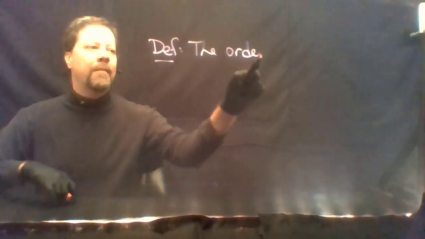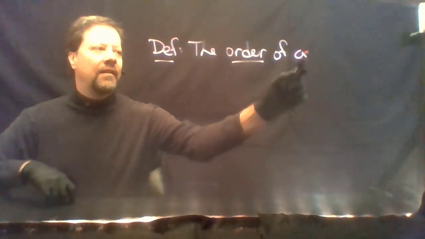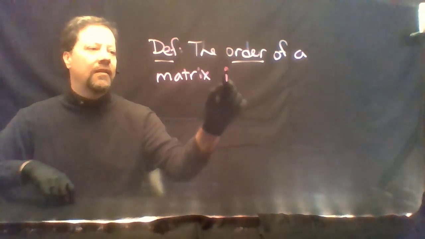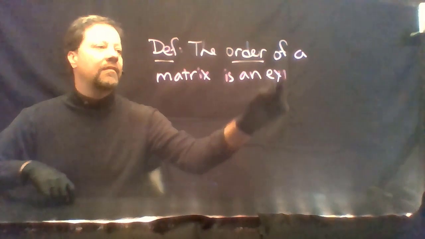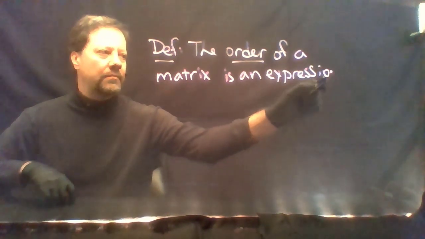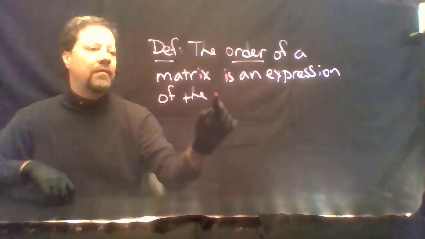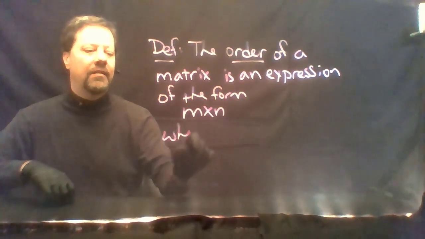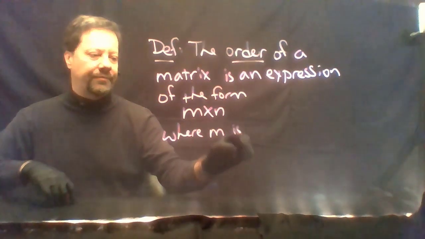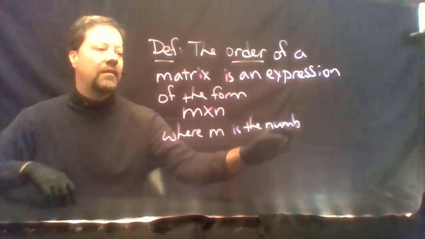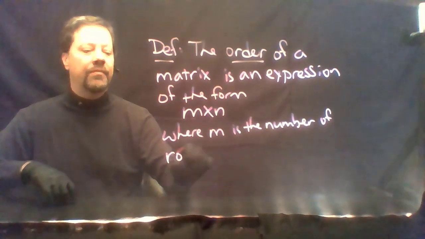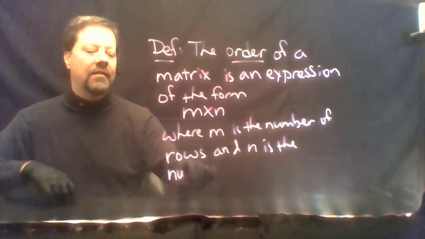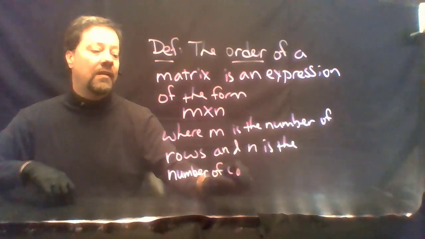The order of a matrix is an expression of the form m by n, where m is the number of rows and n is the number of columns.